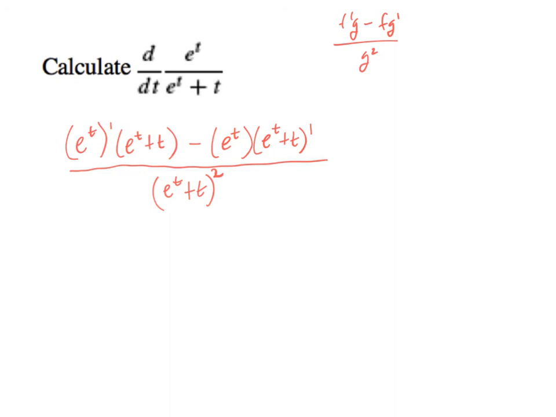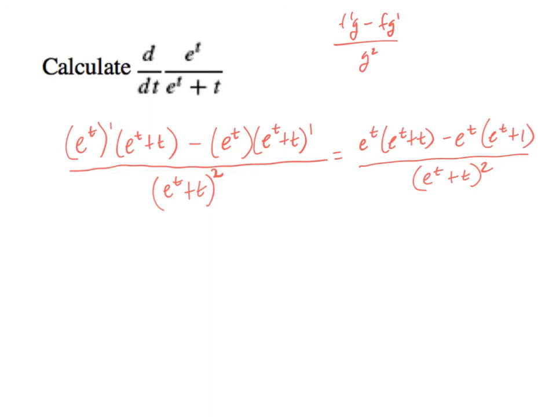So I have indicated that I still have two terms that I need to derive, so I'll do that in my next line of work. Remember, e to the t, that's going to stay. So e to the t plus t would go to e to the t plus 1. Okay.